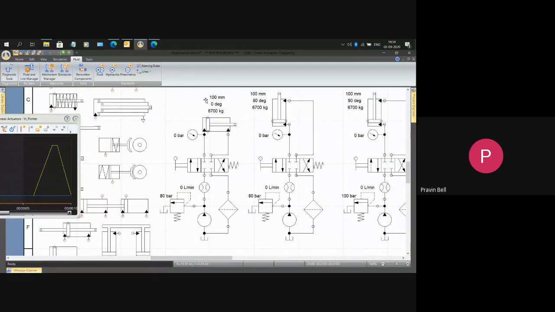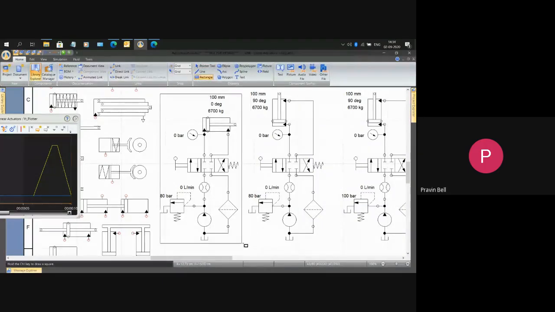So in the first circuit, this is the first circuit we are going to study. In this particular circuit, we have taken a 0-degree inclination and a 6,700 kg load on this particular piston rod, at 80 bars.